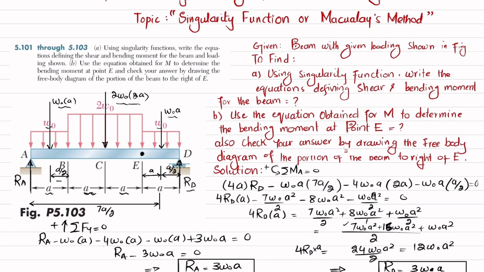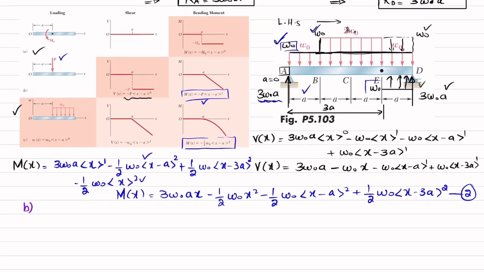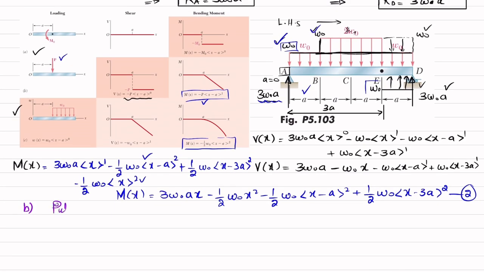So now our next part is to use the equation obtained for M to determine bending moment at point E. So we have to find the bending moment at point E. So E is at a distance of 3a from point A. So we will put x is equal to 3a in equation 2.